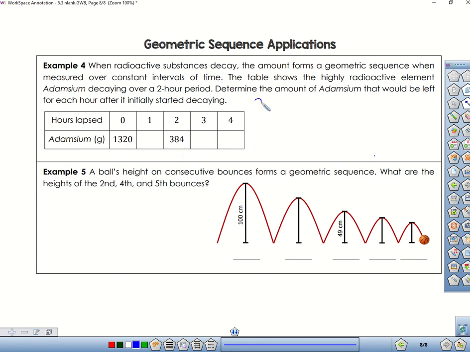We're going to take the further term and divide it by the first term, just like we did earlier. This is radioactive decay, meaning the amount of the substance is going down over time. So we have this number, and we want to see if we can reduce it. I checked earlier so we don't spend a lot of time, but it's divisible by 24 on the numerator and denominator.